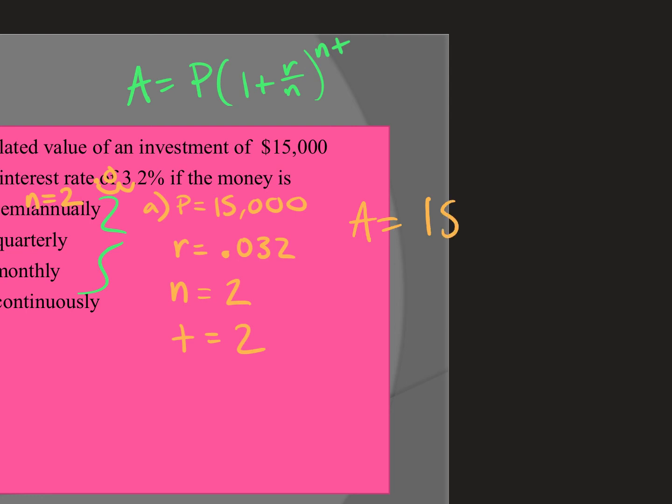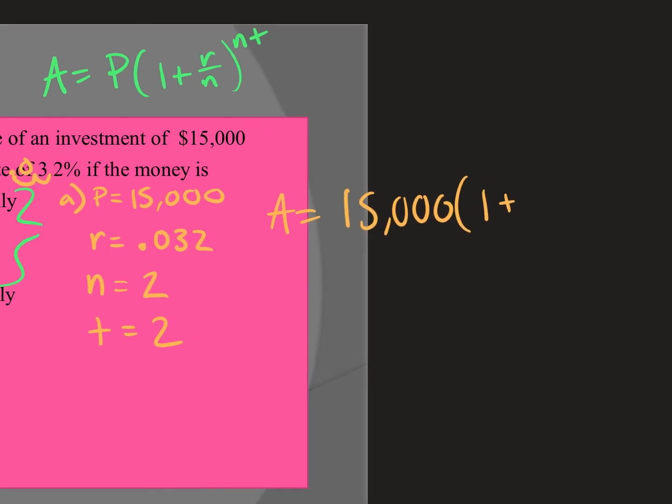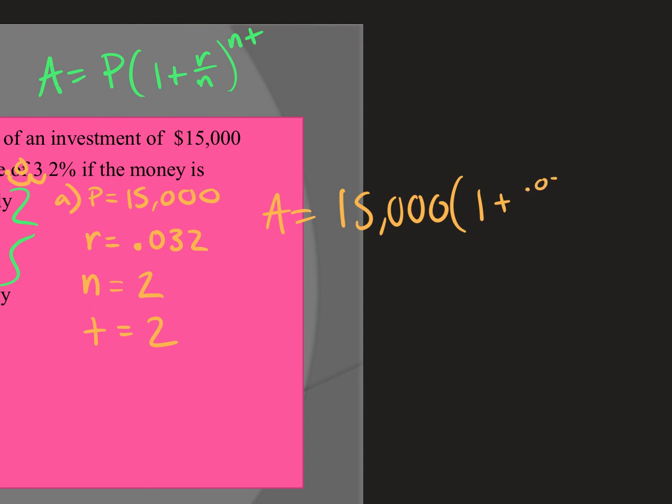So I have 15,000 times 1 plus 0.032 over N, which is 2, to the power of 2 times 2. What do you think I have to put first in my calculator? If you were doing this question, where would you start in the calculator? Start with the parentheses, but what in the parentheses?